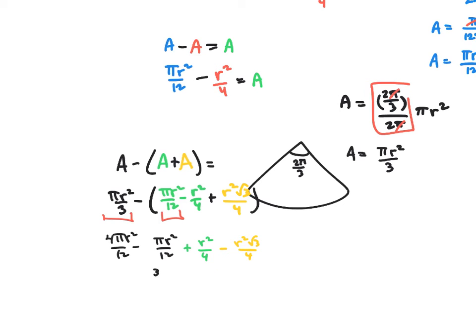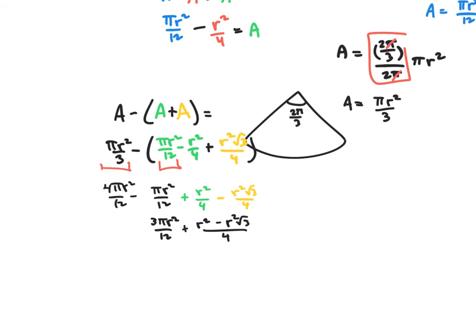So I'm going to get 3 pi r squared over 12 plus r squared over 4. And actually, I'll compress this. Oops, that should be r squared root 3 over 4. So let's simplify. This would be pi r squared plus r squared minus r squared root 3, all over 4. That's the area of the shaded region.